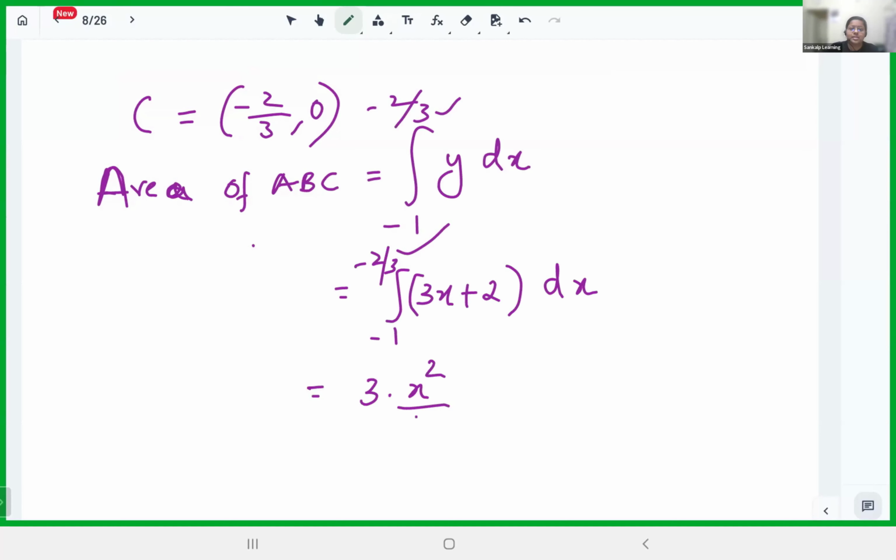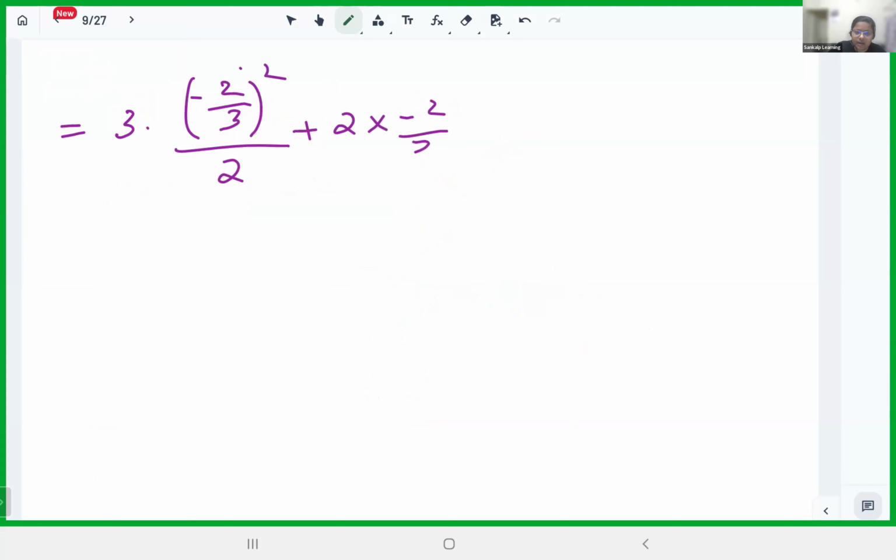So this is equal to 3 into x square by 2, what is the integral of x, x square by 2, plus 2 into x, from minus 1 to minus 2 by 3. Now if you put the upper limit, that is 3 into minus 2 by 3 the whole square divided by 2 plus 2 into minus 2 by 3.